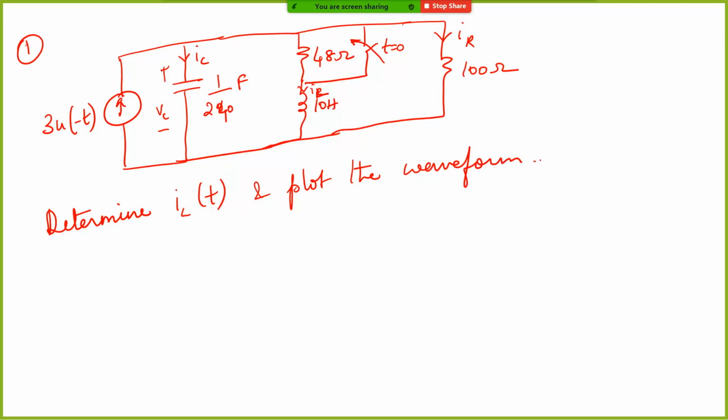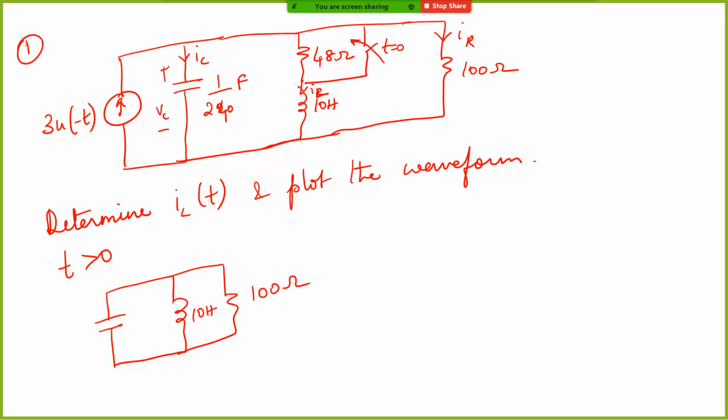What is important is to figure out what the circuit is before t equal to 0 and after t equal to 0. For t greater than 0, this current source is not in the picture. You have this capacitor, this resistor is shorted out, so you have only the inductor and the resistors: 100 ohm, 10 Henry, and 1 by 240.